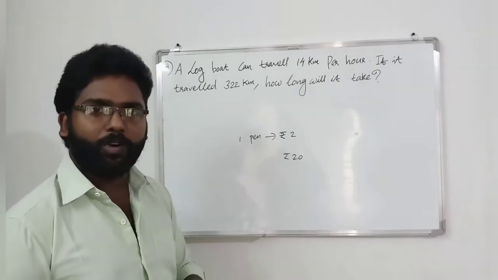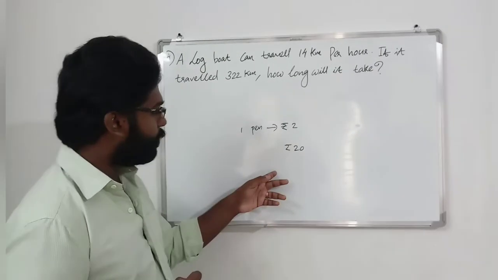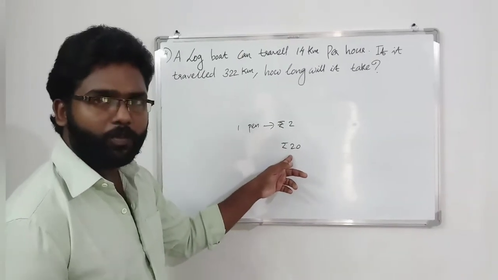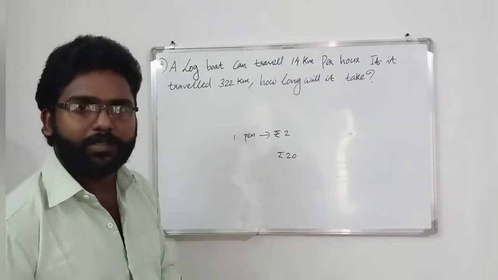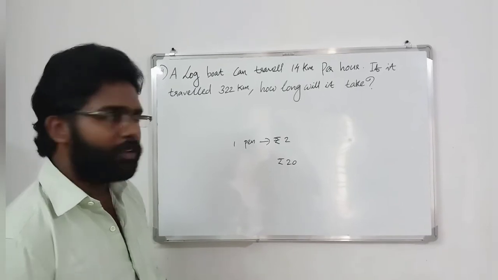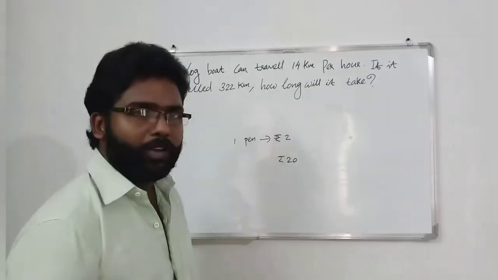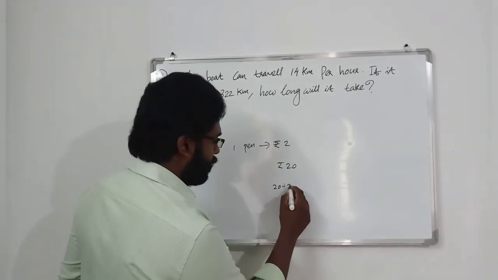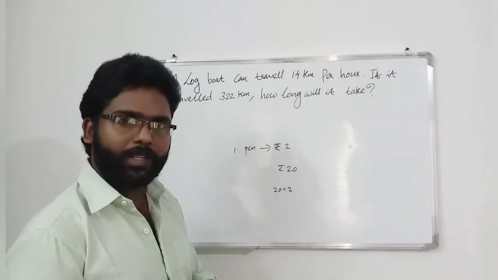How many pens did you get? 1 pen, 2. If you give 20 rupees, you get 10 pens. Okay. How can you find it? You just divide 20 divided by 2. That's the method here.